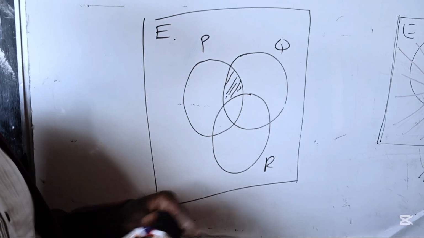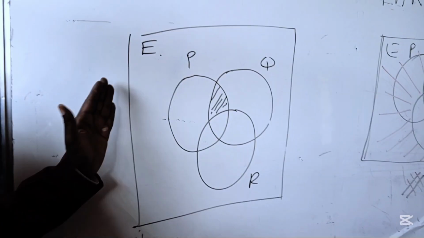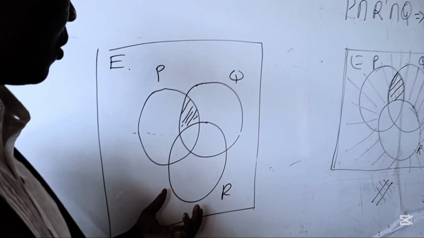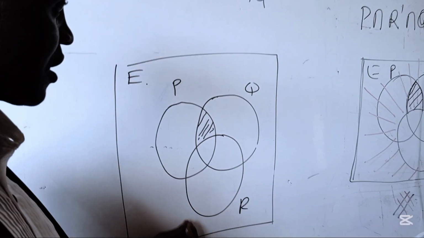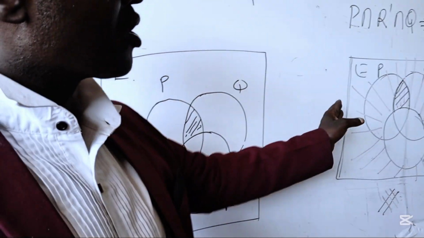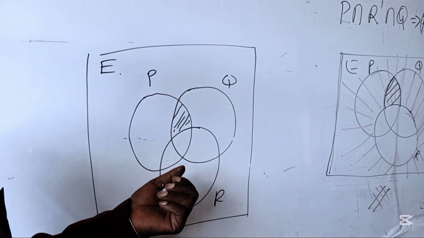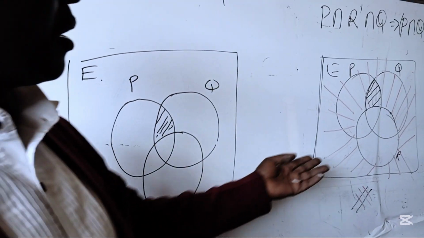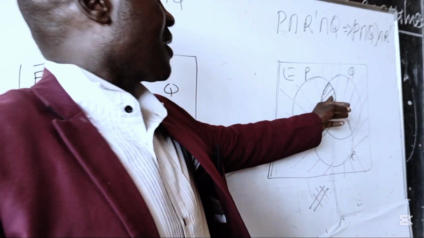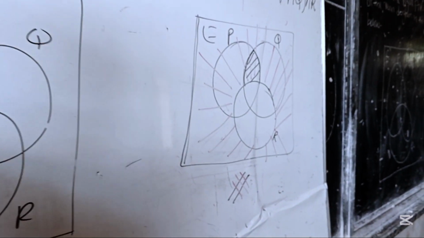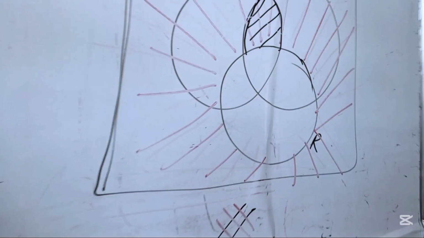What was I saying? I was saying when you are given such a question in an exam, you draw, you replicate, meaning that you get the same picture which they have given you there. This is what I did there. And from there, you can also interpret it in your own way. We are saying members outside R, I shaded this red part. Let's hope the camera is able to catch that.